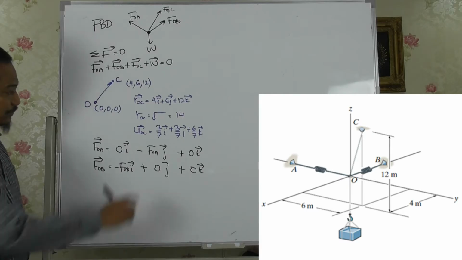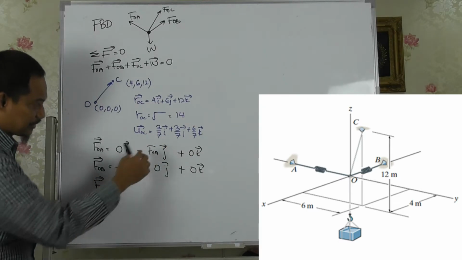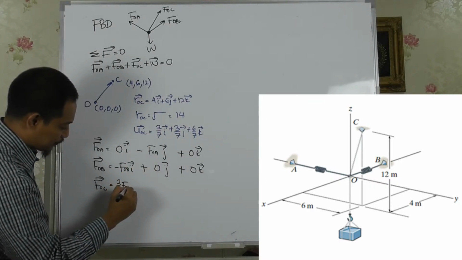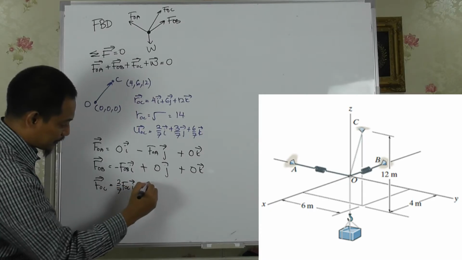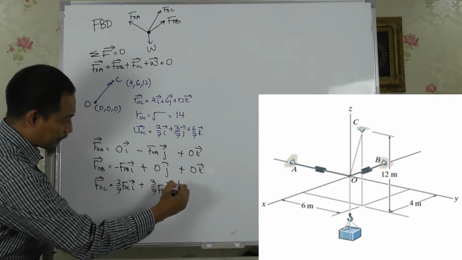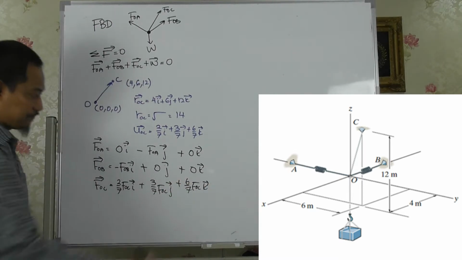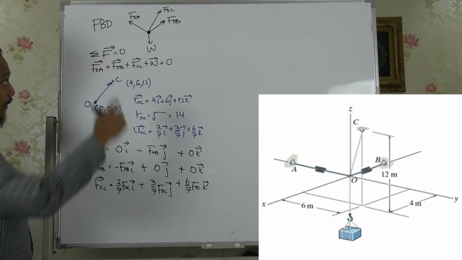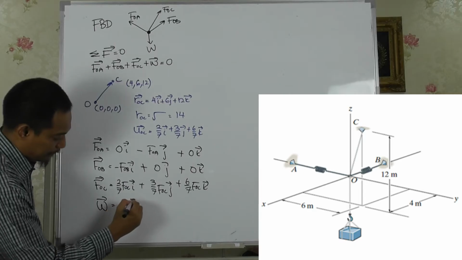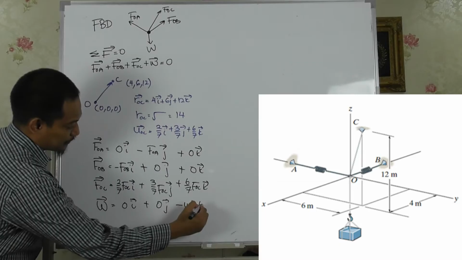And then for FOC, we already have the unit vector here. So the FOC vector is just multiplying this with the magnitude of OC. So we'll get 2 over 7 FOC i plus 3 over 7 FOC j plus 6 over 7 FOC k. And then we have the weight, which is going down. So the weight is 0i plus 0j minus W k.